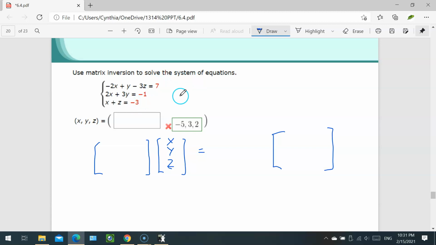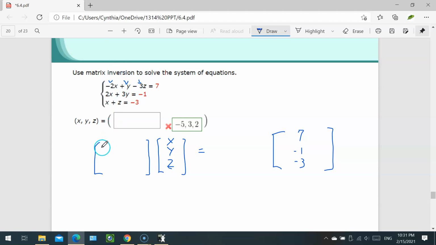The right-hand side is very easy to see, it has 7, -1, -3. The left-hand side 3 by 3 matrix comes from the coefficient of each term.